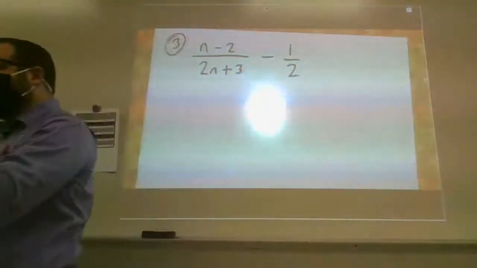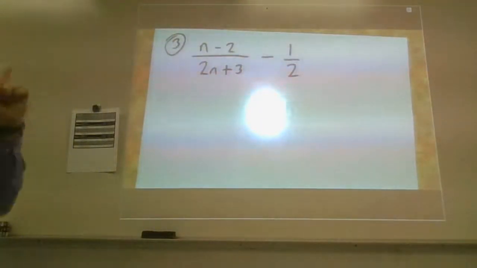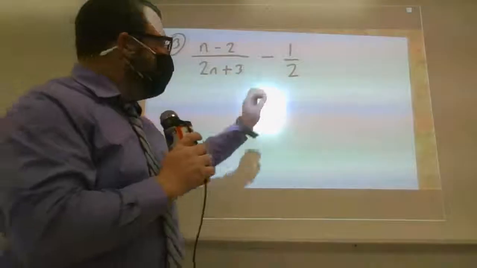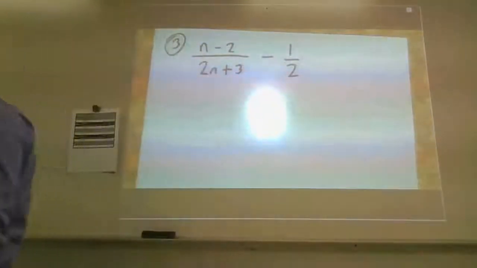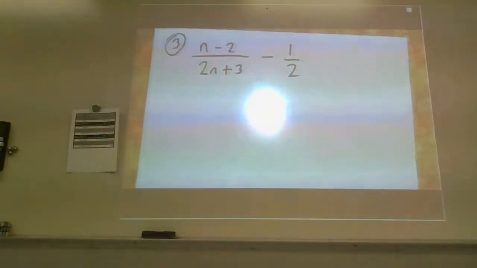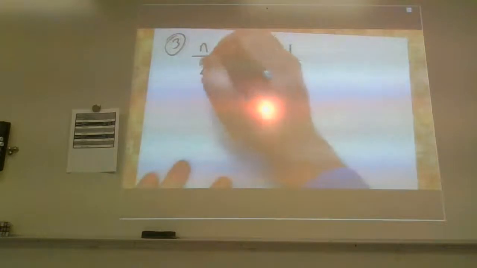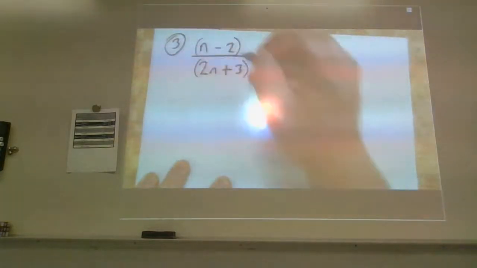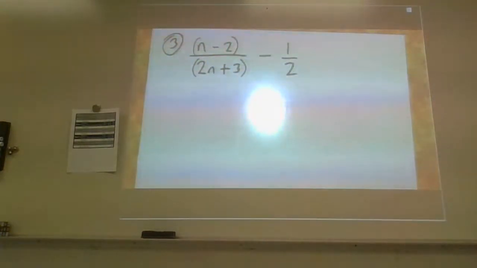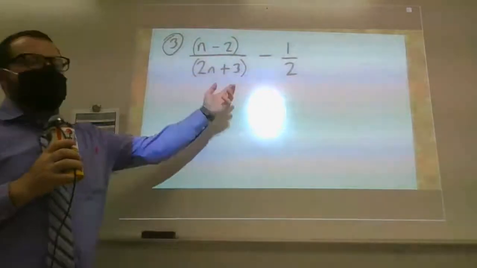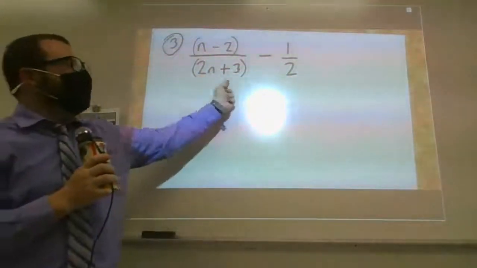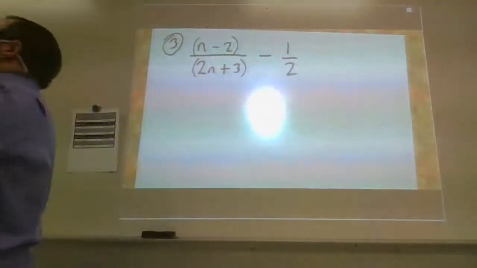You need to think of the 2n plus 3 as a single term. A huge mistake that people make is they try to break up that 2n plus 3. And they're like, Ms. Maranky, I got this. Clearly, they both have a 2 in common. There's a 2 right there, and there's a 2 right there. No.